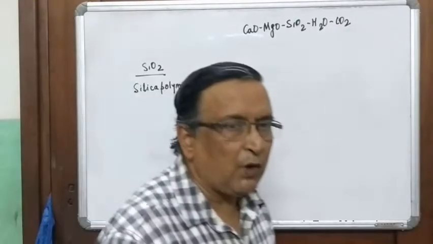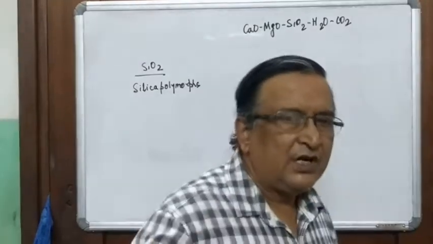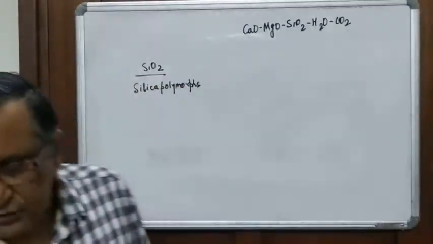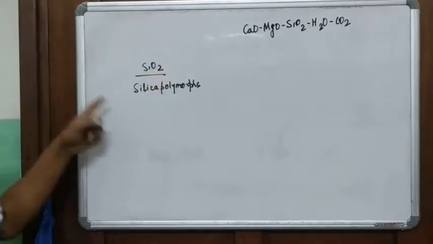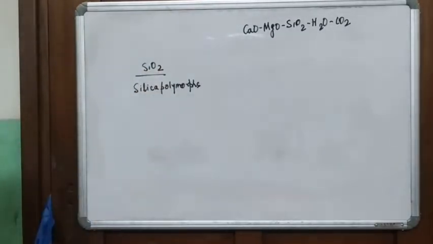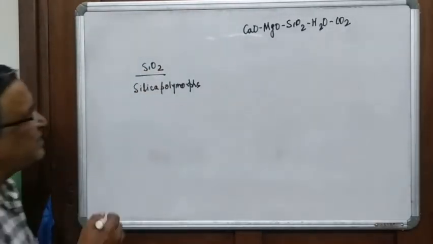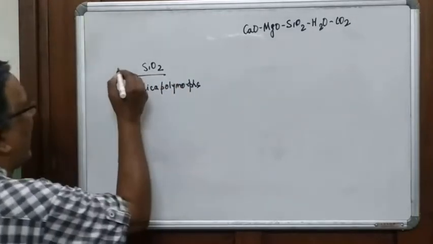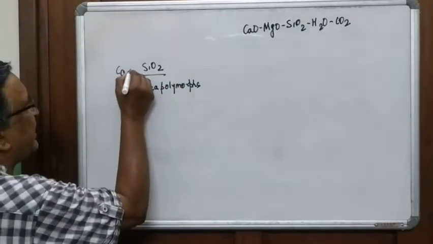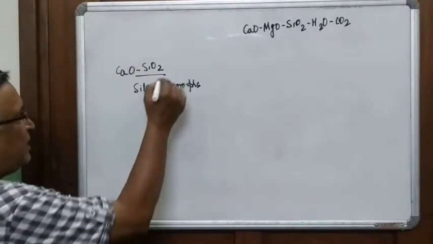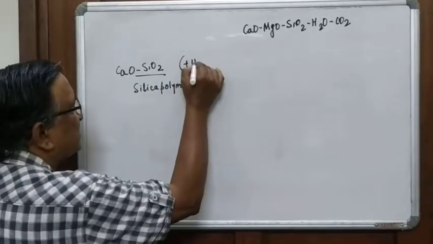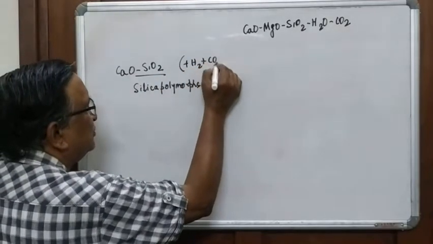Alpha quartz, beta quartz, coesite, stishovite, tridymite, all these minerals you get. So you get different polymorphs of SiO2. But say, for example, if you add the system CaO, SiO2, remember I am always writing plus H2O plus CO2, right?